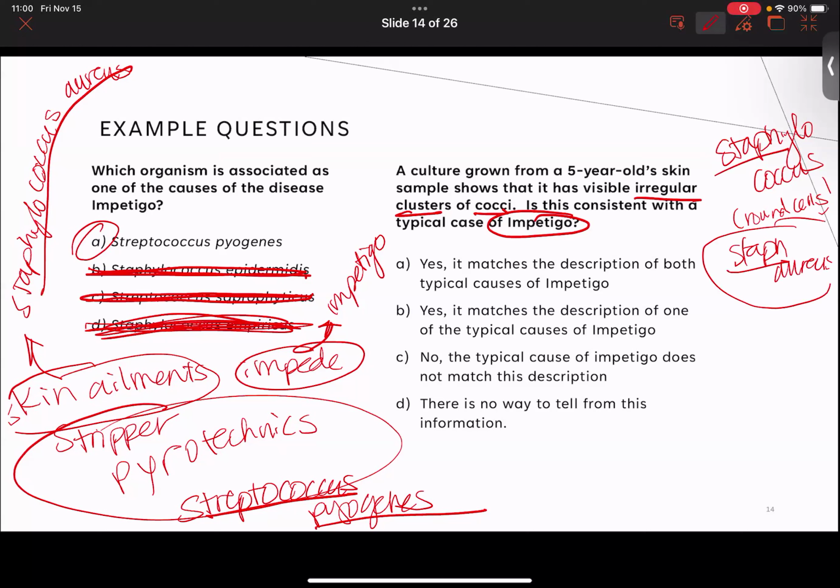So that's the information we're given here. Is this consistent? Is the staphylococcus that we're seeing in this sample consistent with impetigo? Absolutely, it is. But why? Is it because, yes, it matches the description of both typical causes of impetigo, or is it because it matches the description of one of the typical causes of impetigo?